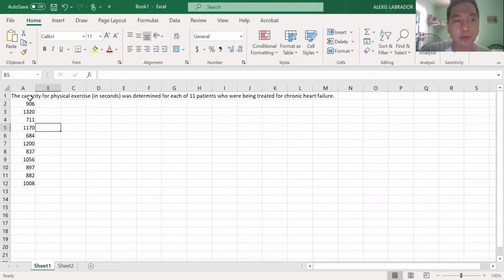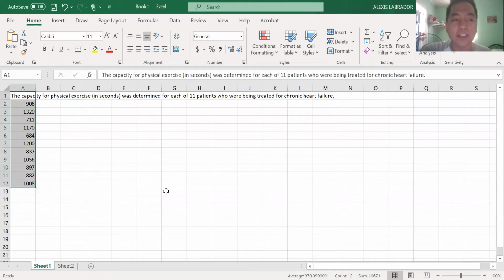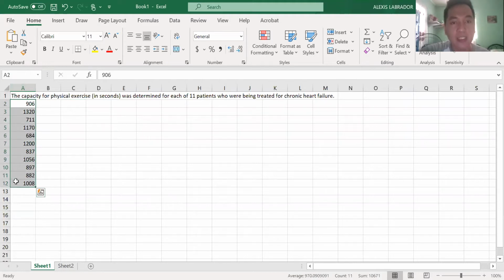We have here the capacity for physical exercise, which was determined for each of 11 patients who were being treated for chronic heart failure. And these are the given data. We have a total number of 11 data. Kapag sinabi natin one variable, we are dealing with one variable for a particular data set.